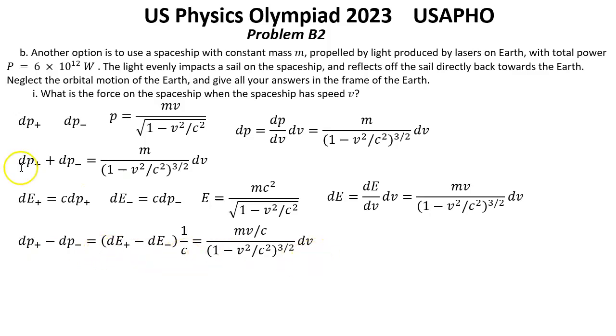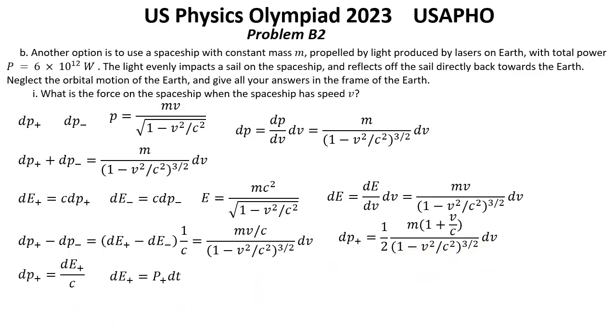Now we have delta p plus plus delta p minus, and delta p plus minus delta p minus. So we can add these two equations to eliminate delta p minus, which we don't need. So we got delta p plus equal to this expression. Now we can express delta p plus through the power of our beam.